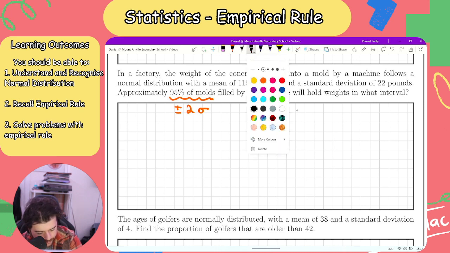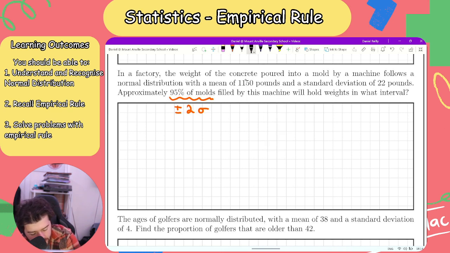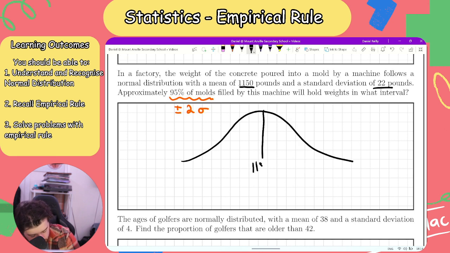Right. So my mean is 1,150 pounds, and my standard deviation is 22 pounds. So 1,150, add 2 standard deviations. So 2 times 22, that's going to be 1,194.